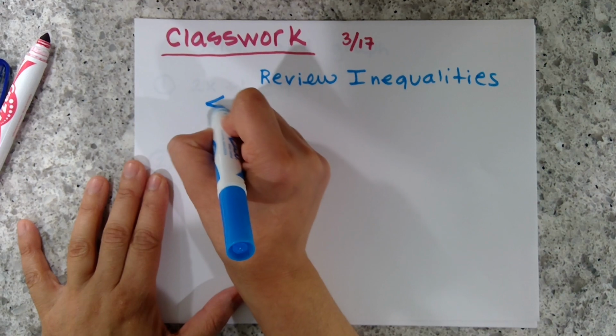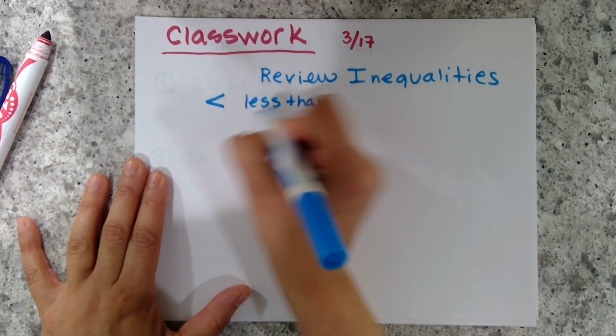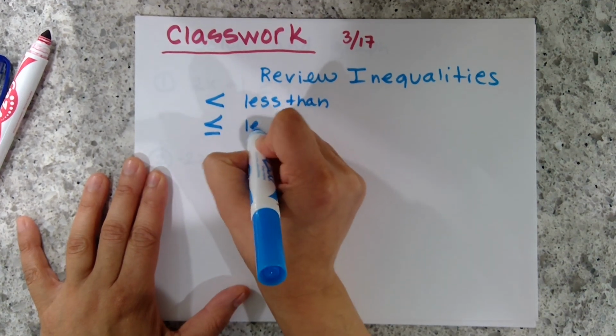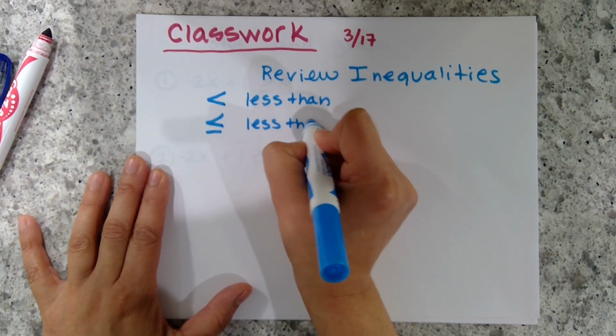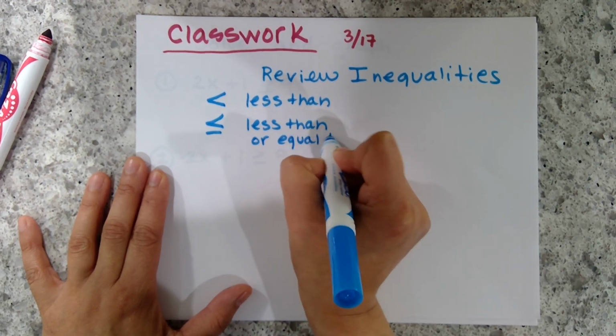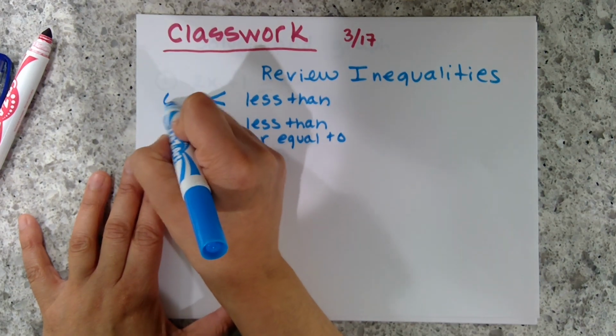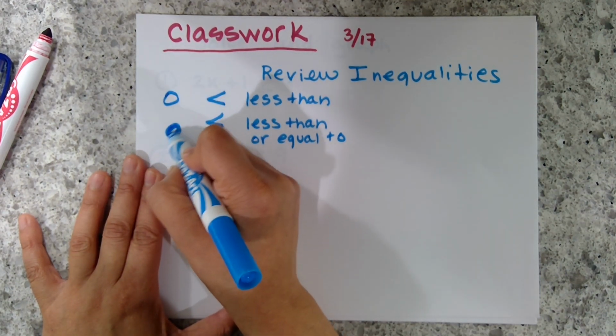So less than, or equal to, and again, this includes this. This would be an open circle. This would be a closed circle.